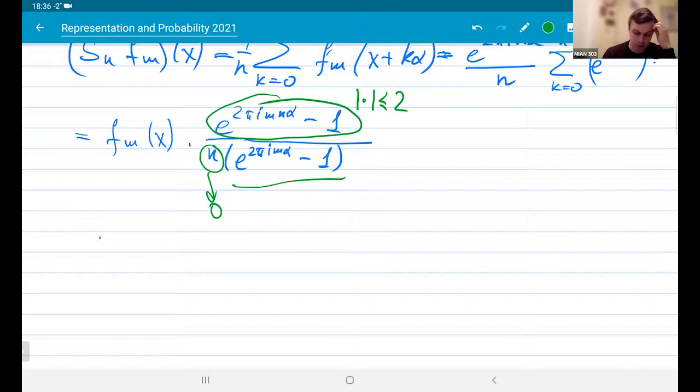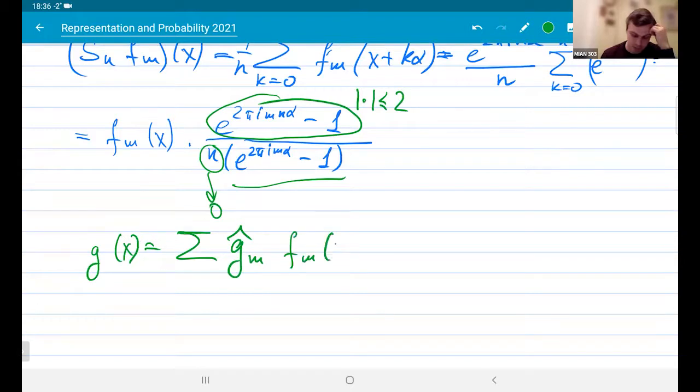So if you have f of x, which is the sum of some, let's see, g of x is the sum of g_m times f_m of x, you can do more or less the same trick.